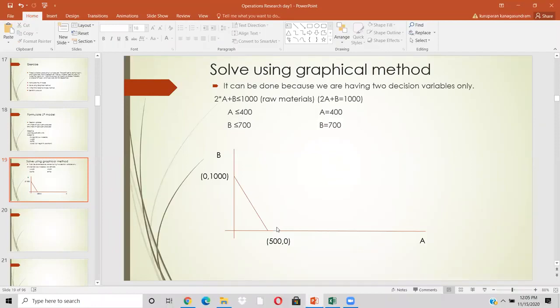Take this point here, which is 500 comma 0. For the point 1 unit next to this, what will be that coordinate? What will be the coordinate next to the right hand side of this point?